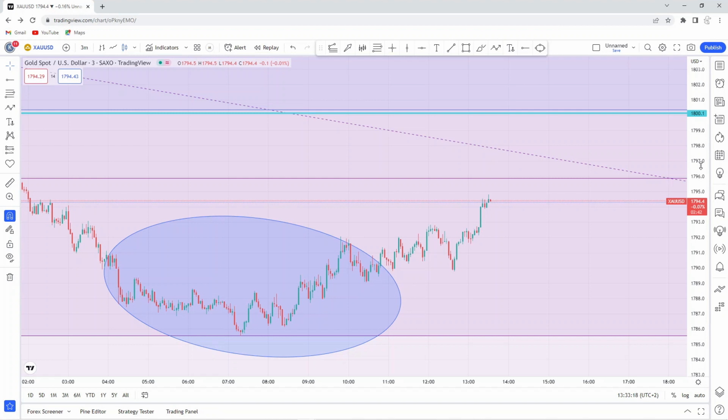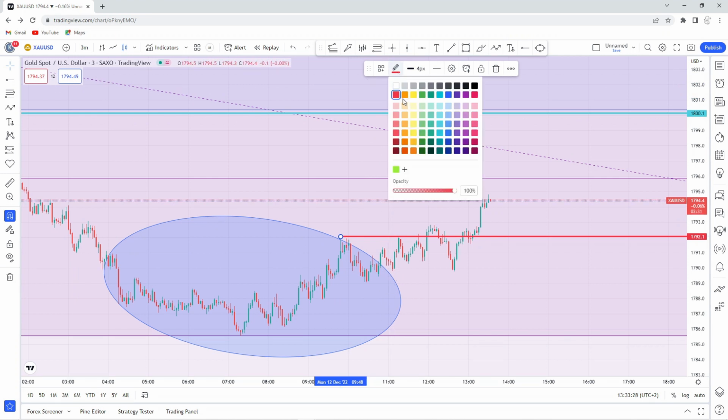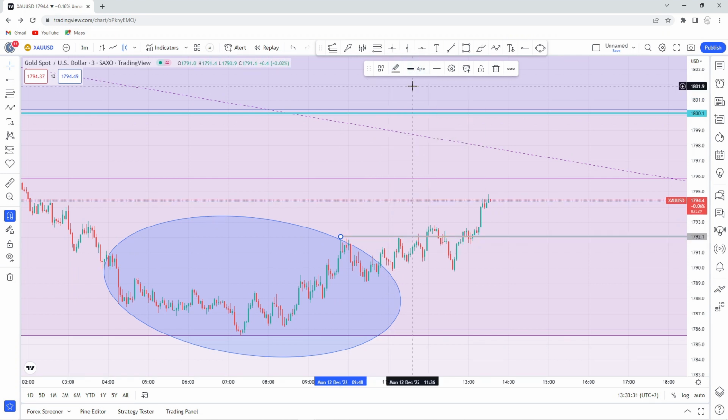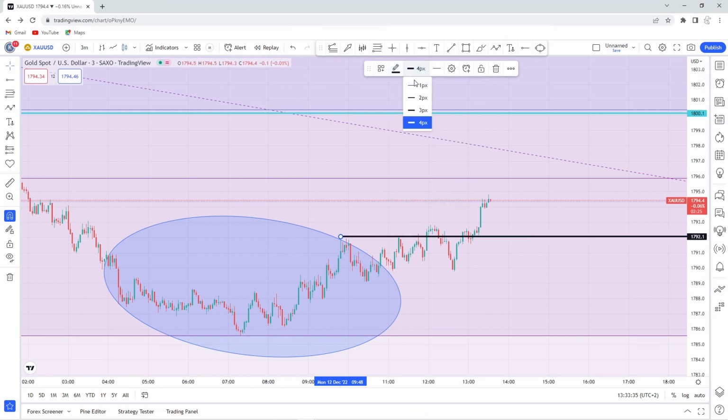Yes, you can use any form of risk to reward ratio, but here is the key. Try by all means to stay up until 1:4, 1:5, even 1:7 risk to reward.